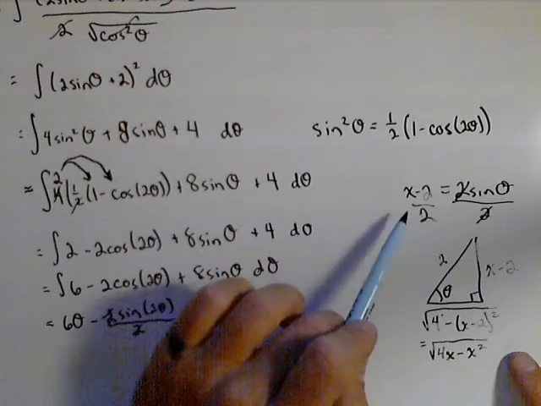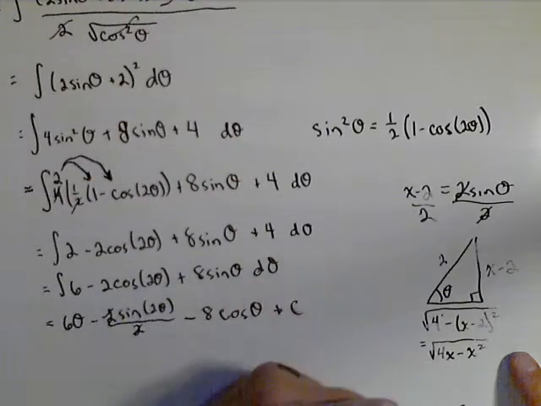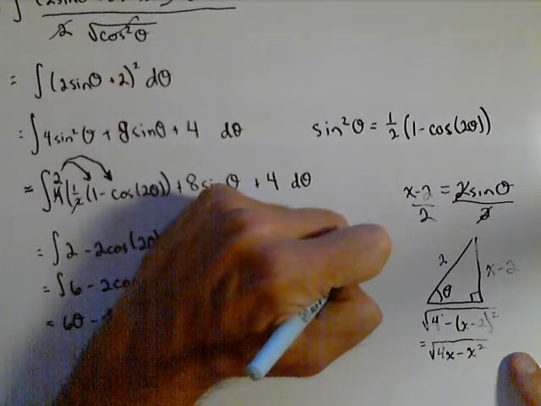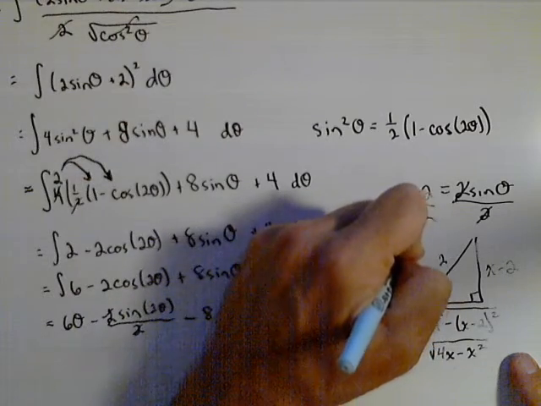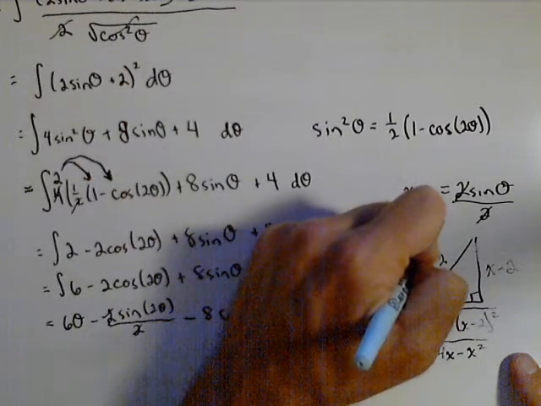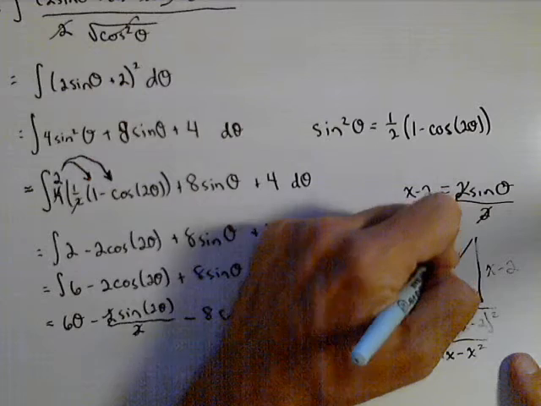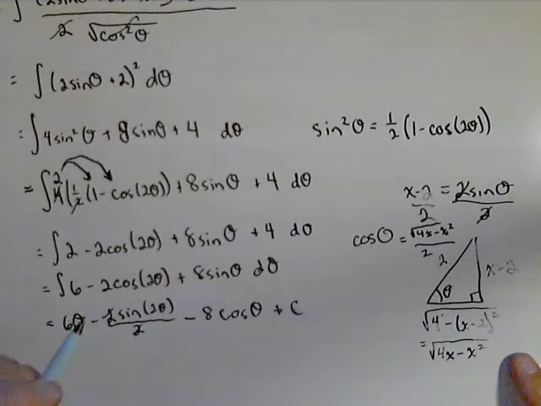So that means we know that sine theta is x minus 2 over 2. We know that cosine theta equals square root of 4x minus x squared over 2. We're going to use that to put this back together. Unfortunately, with theta, there's not a whole lot we can do besides use an inverse trig function.